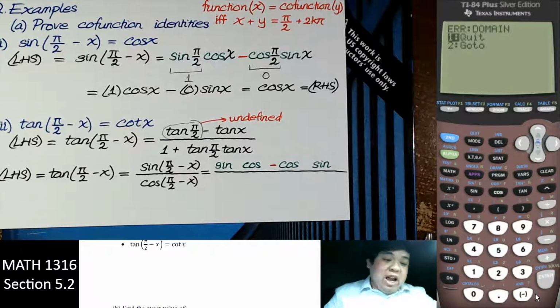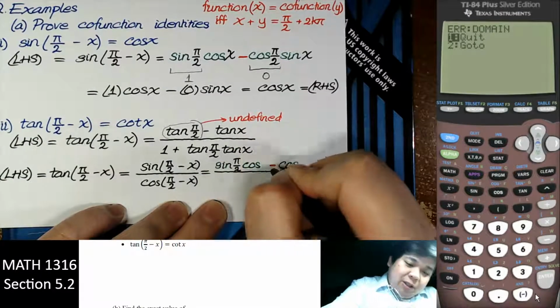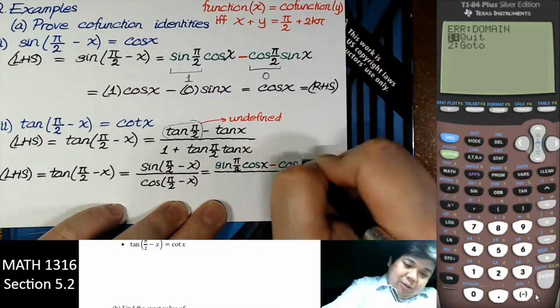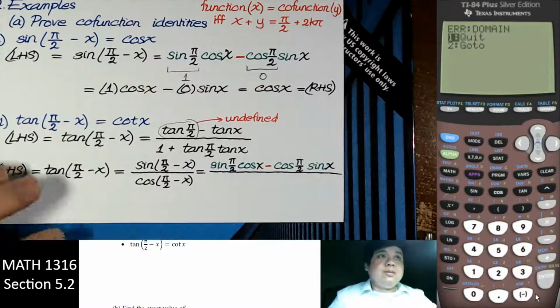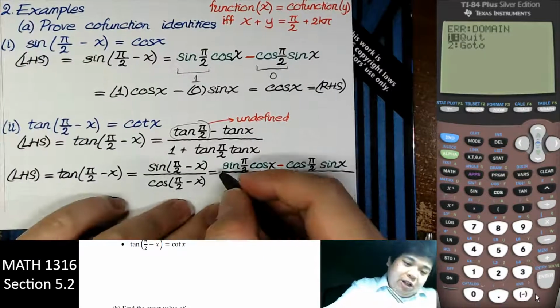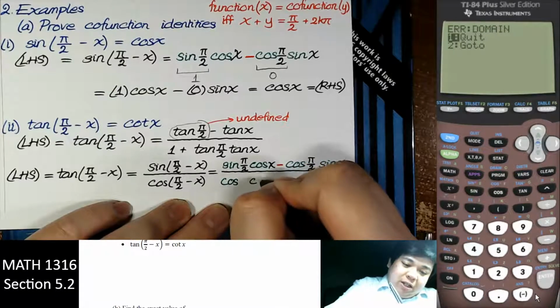Right, and then the angles: pi over 2, x, pi over 2, x. And then for cosine, the function will be the same.